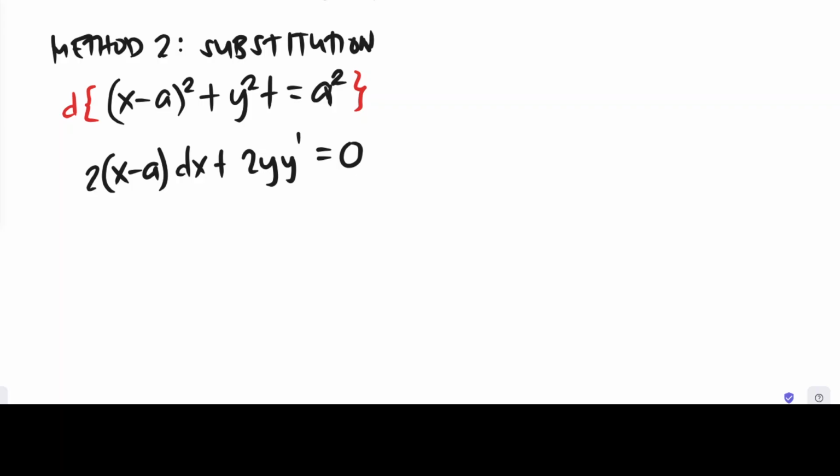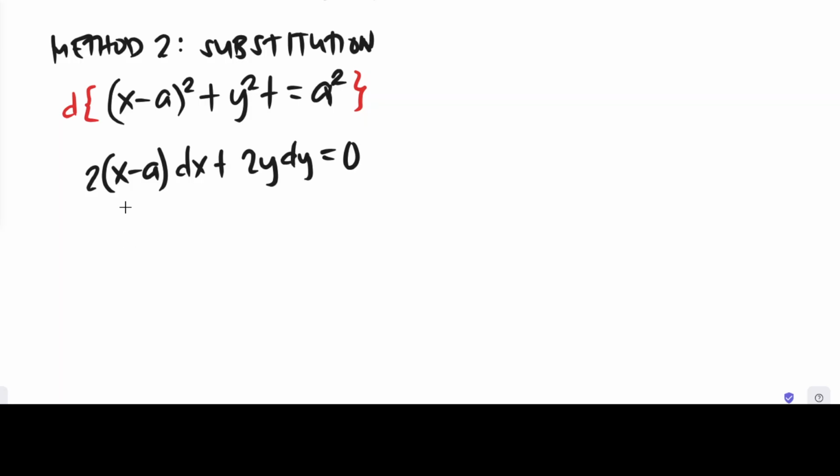Sorry, this should not be y prime. Now what happens here is we are left with a, or we are left with our arbitrary constant.